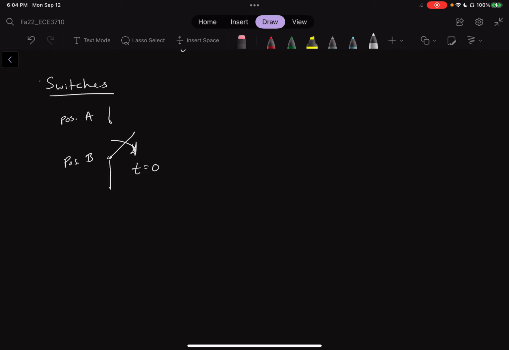So, at time equal to 0, the switch goes from position A to midair. Okay, think of it like that.